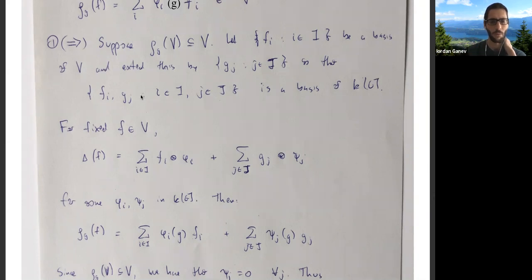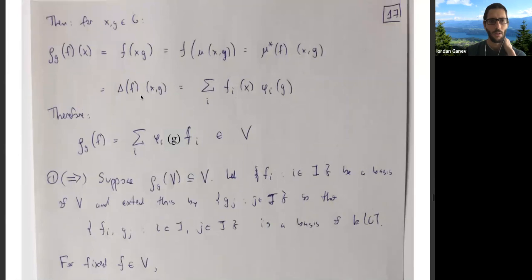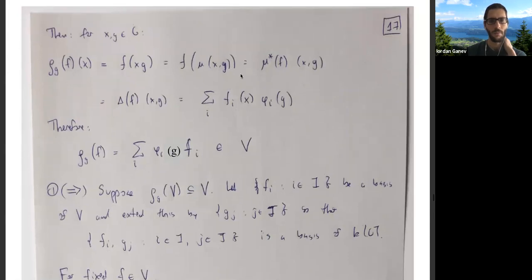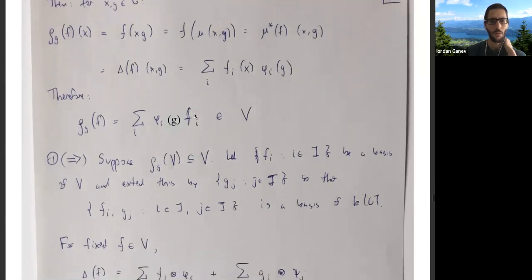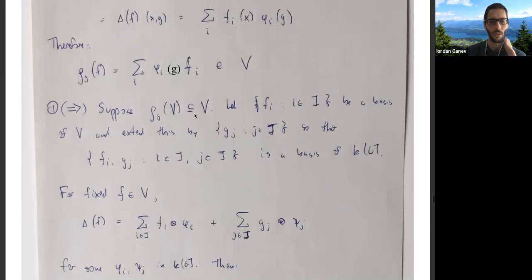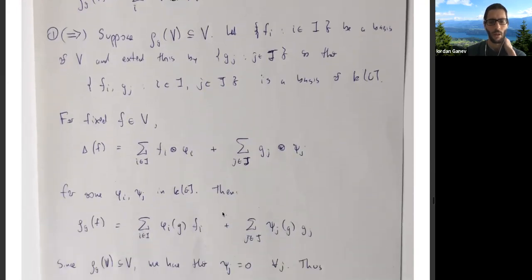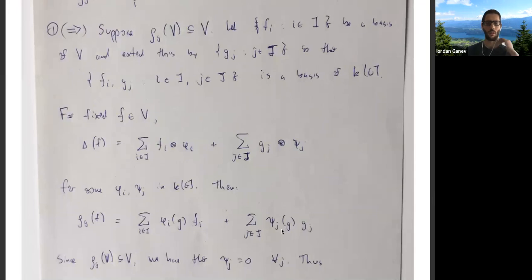So let me scroll up real quickly. So basically this computation here, and we just do it again basically with this notation, and we get this result. So the hypothesis that rho sub g of v is contained in V means that all of these must be zero.